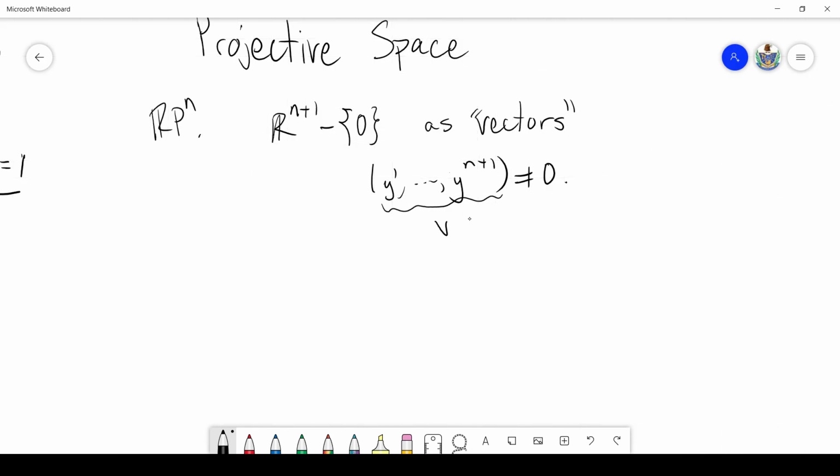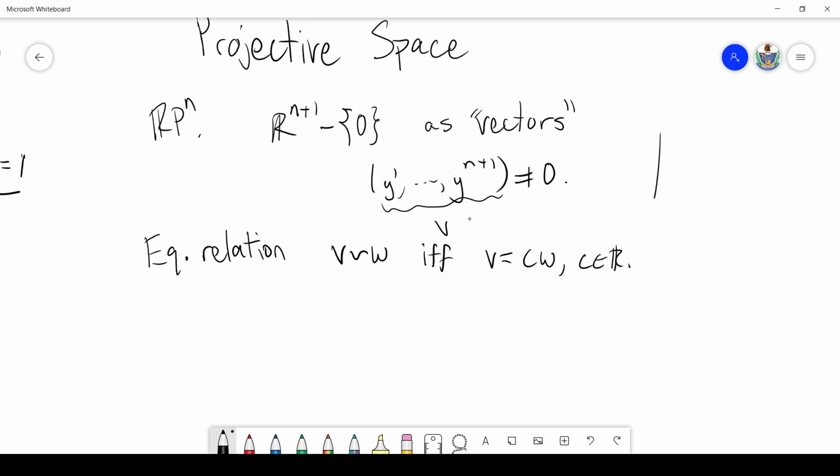And what we can do is define an equivalence relation, V equivalent to W, via essentially V is equivalent to W if V is a scalar multiple of W, so c is some real number, right?